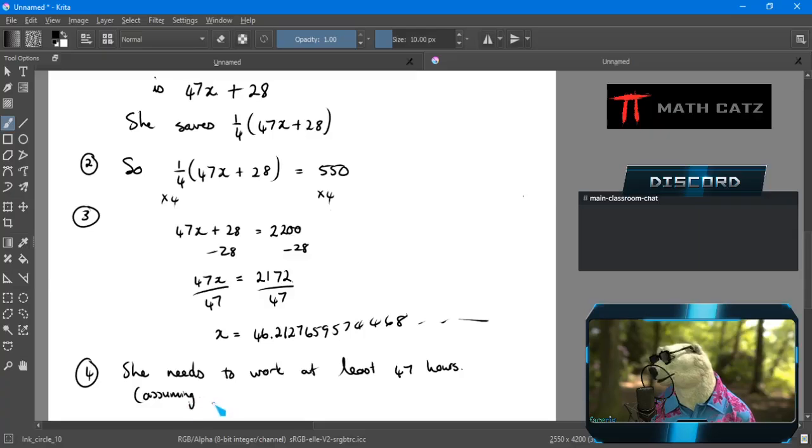So I could say here, assuming she works whole hours only. If I say she needs to work 46 hours, no, she's going to fall short of the 550. So it's rounding, but practical rounding. I can't be blind to the practical situation, which is the whole point of this.